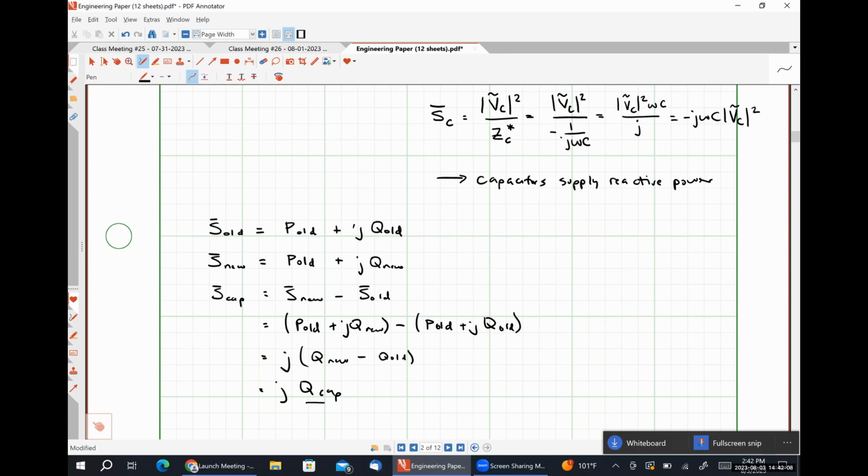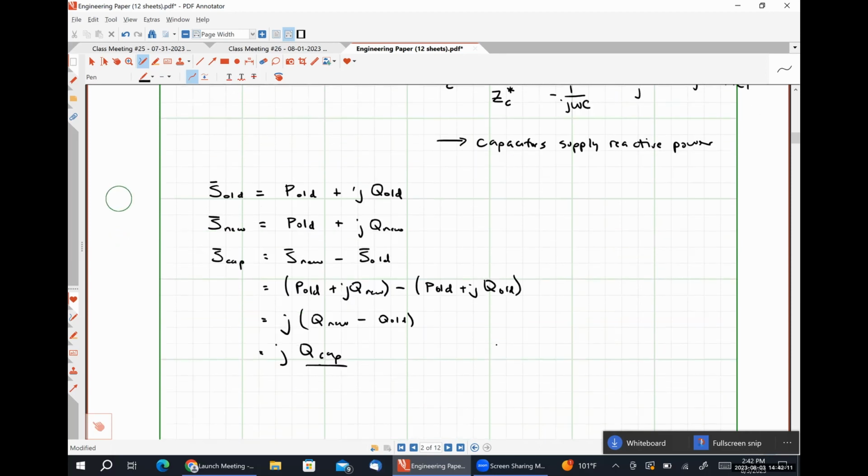This quantity right here will always be a negative quantity because the whole point of this operation is to supply reactive power.